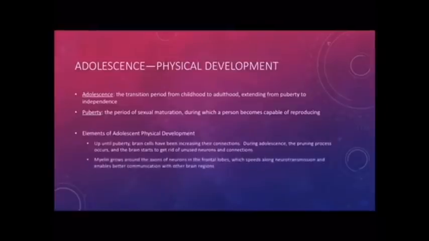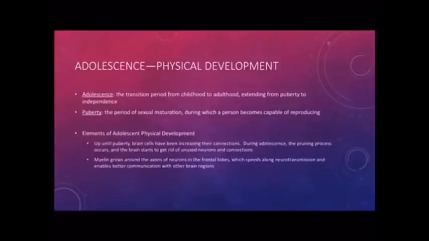Myelin starts to grow around the axons of neurons in the frontal lobes, which speeds along neurotransmission and enables better communication with other brain regions. I said there was rapid development in the frontal lobes between the ages of 3 and 6. Well, once we reach adolescence, we see that rapid development again. Not quite as rapid as between the ages of 3 and 6, but more so than in between these two stages.